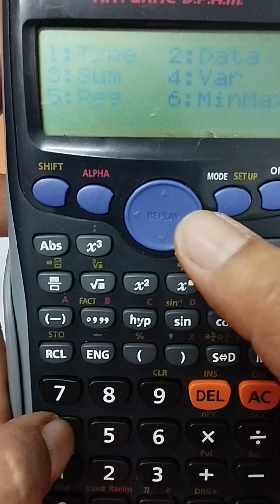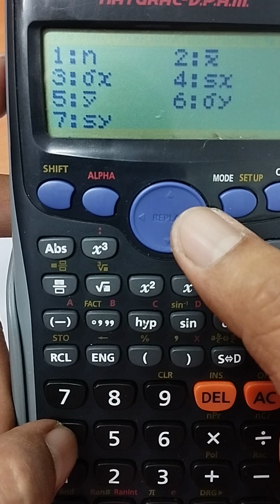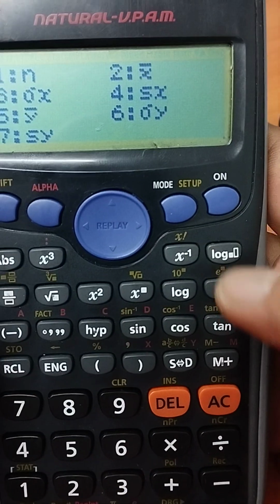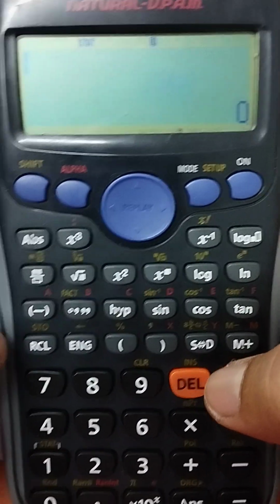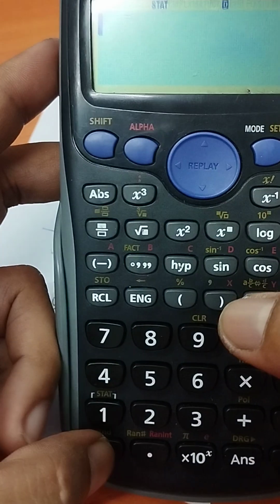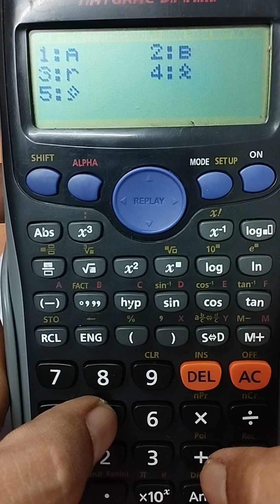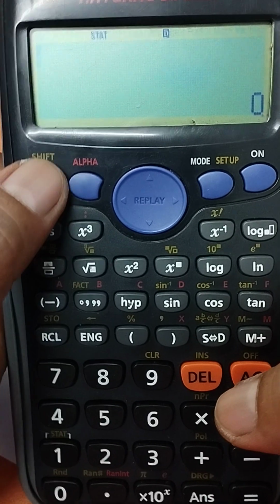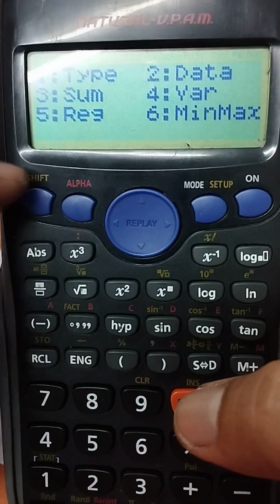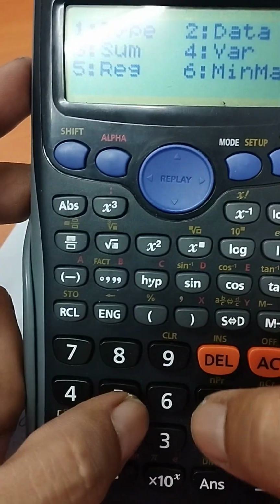Let's take a look at 4. Not quite. Let's go back. Sorry. So shift data, I think it's a 5. Yeah, there you go. Again, we press shift data, choose option 5 for regression.